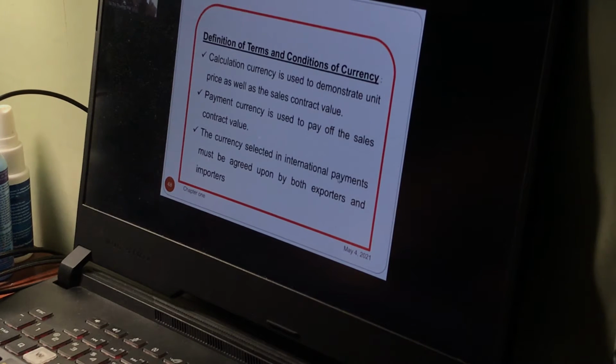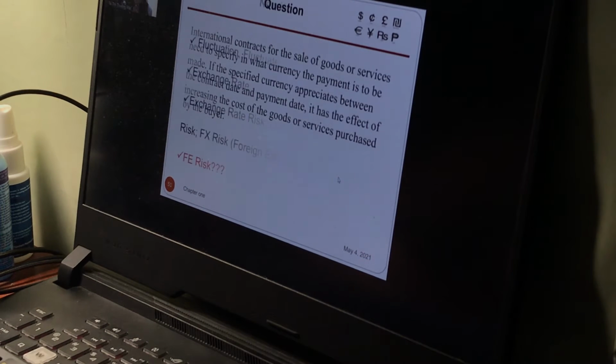So now I want you to remember, if we use two different currencies, it doesn't matter your currency, my currency, or a third currency, when we have two different currencies, we have to remember the parties can face the risk because of exchange rate risk. Do you know that word?